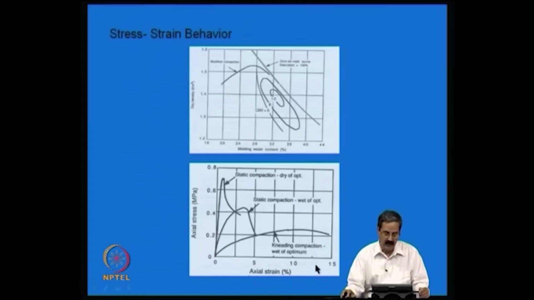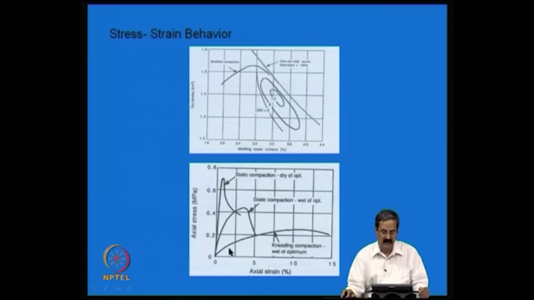Then another important point that we need to understand is how the stress strain curve is going to be different when the soil is compacted by kneading compaction, static compaction, and then dry of optimum, wet of optimum.